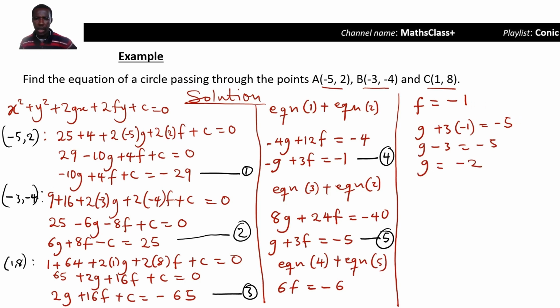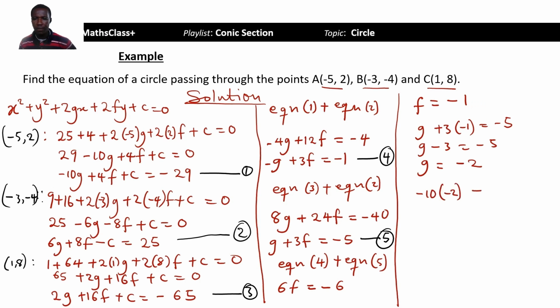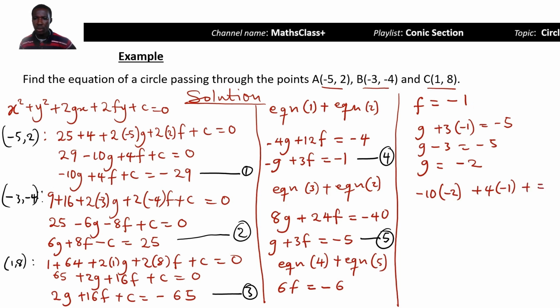So g is negative 2, and then f is negative 1. Now I'm going to substitute these two values into equation 1. So I have negative 10 into bracket negative 2, plus 4 into bracket negative 1, plus c is equal to negative 29.